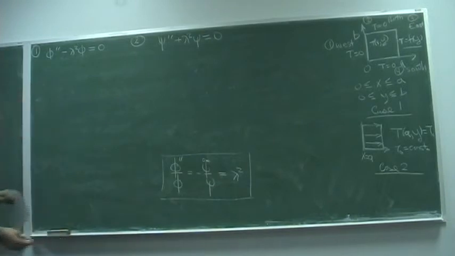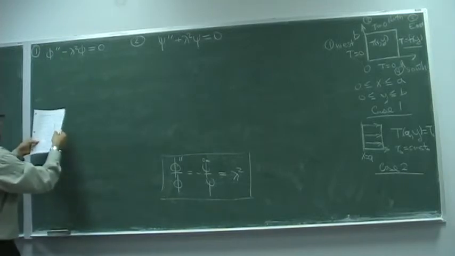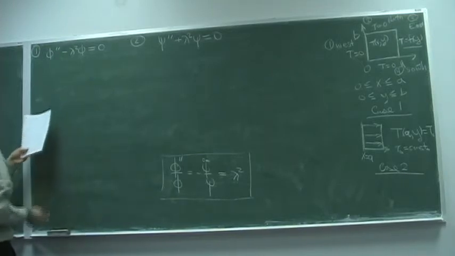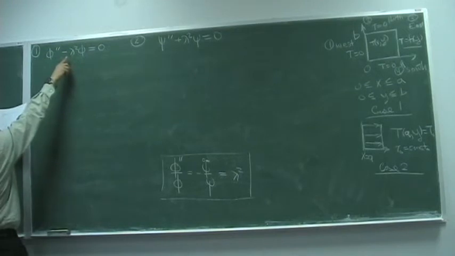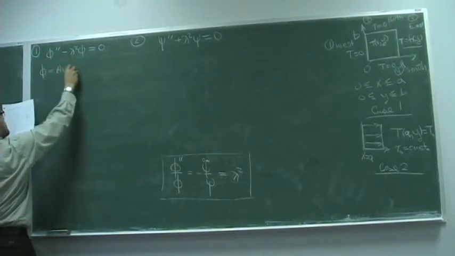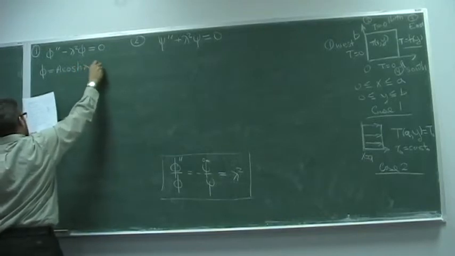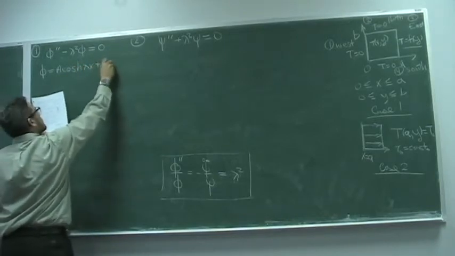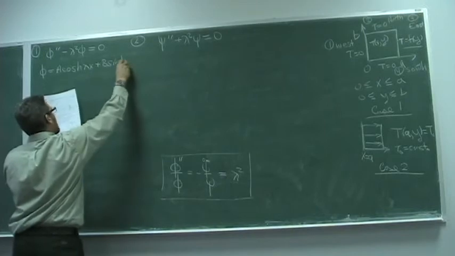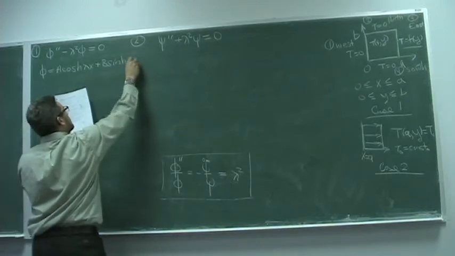Now, from our cheat sheet, we should know what the solutions to these are. We go look at our cheat sheet, and we know from the study of differential equations that for our first one we have a negative in there: a cosine hyperbolic lambda x plus b sine hyperbolic lambda x.